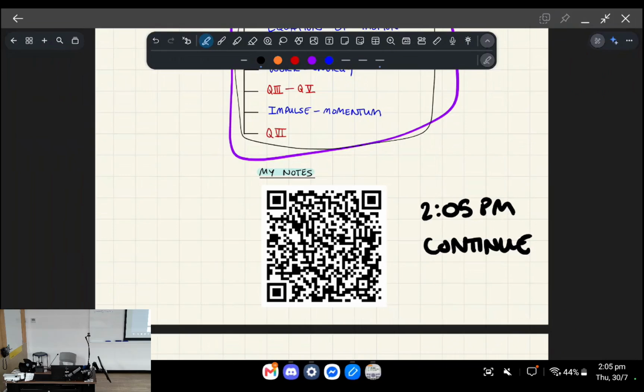So what this is saying is that if you do this and you add it to this, it gives you the distance between A and B are the same. You can't change that.